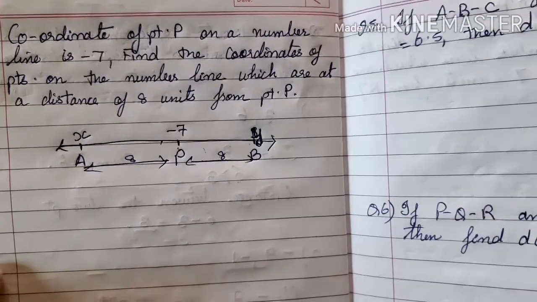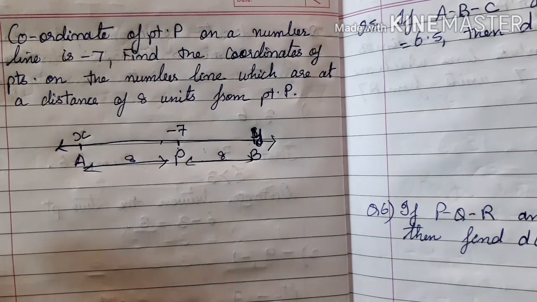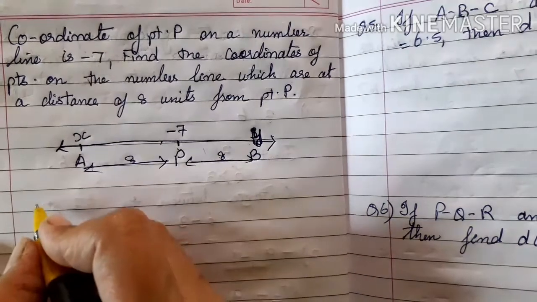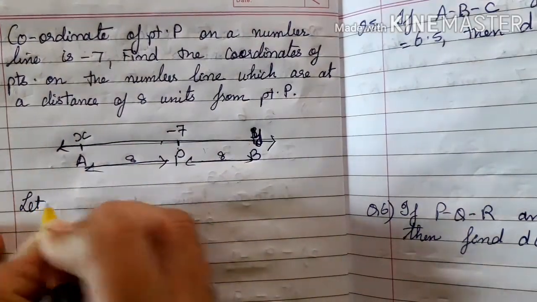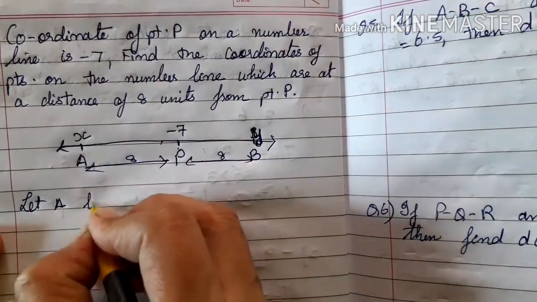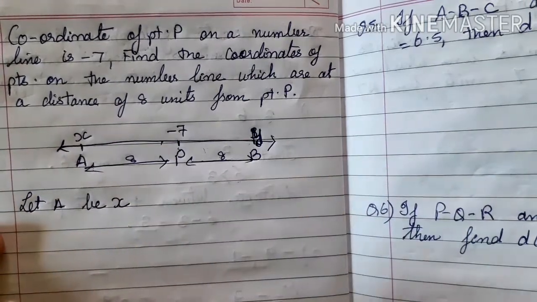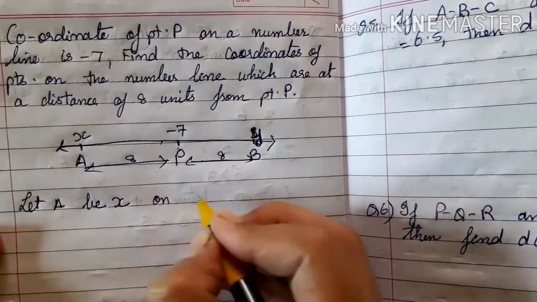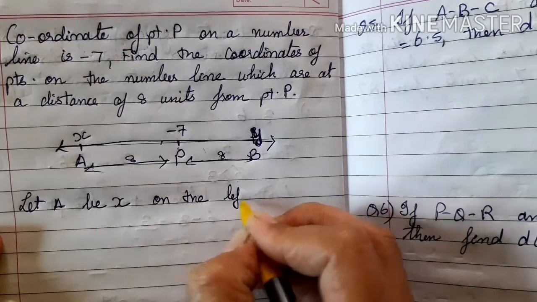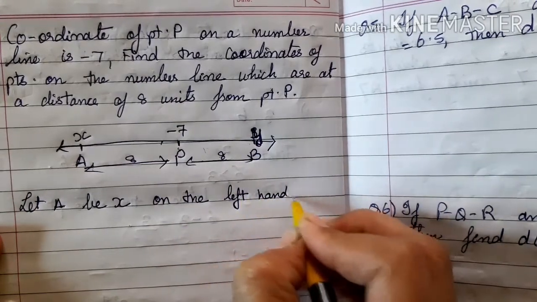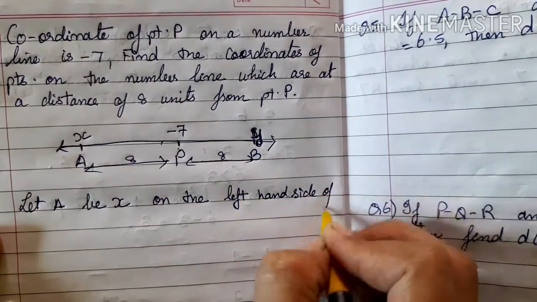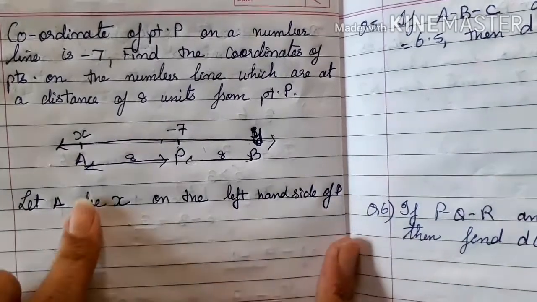So what we have to do is, after drawing this, we have to find the distance between the two coordinates as we did before. So let A be X on the left hand side of P. Got it? This is what we did in the number line.